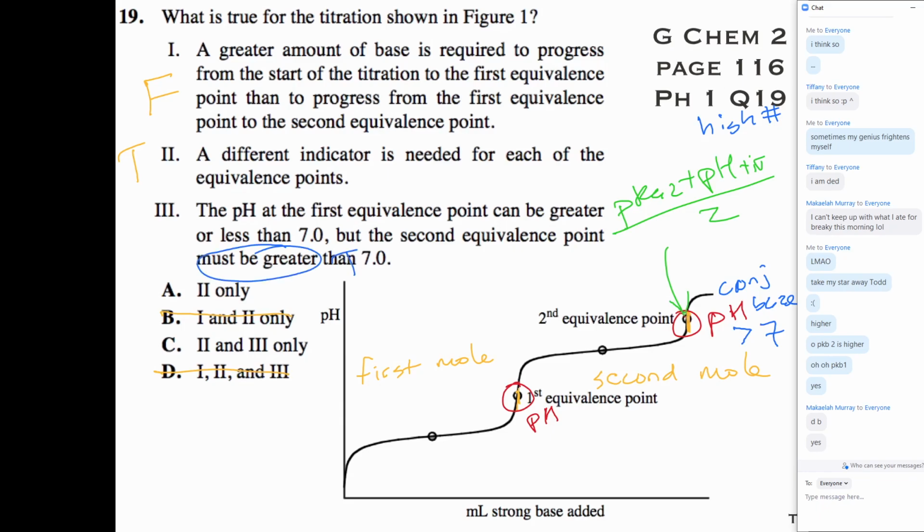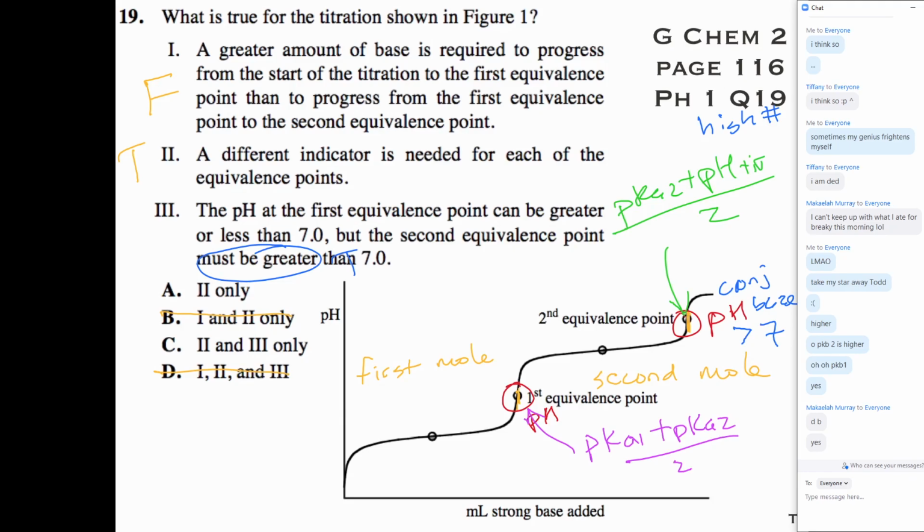How do you get the first equivalence point? You get it by averaging pK1 plus pK2 over 2.